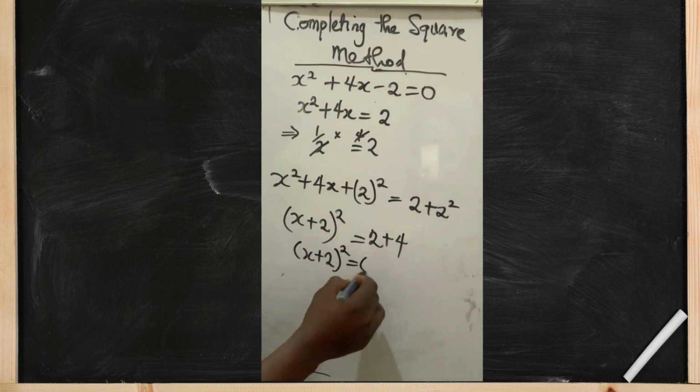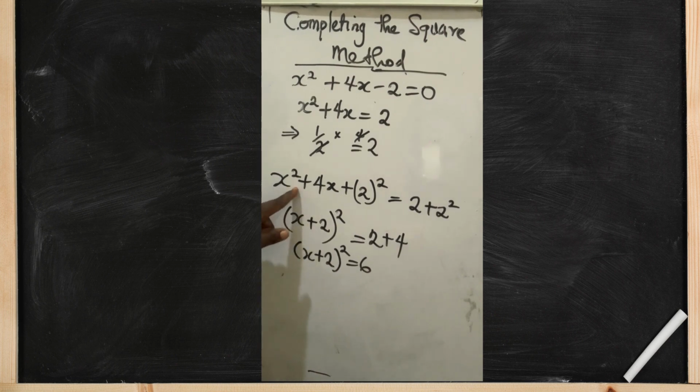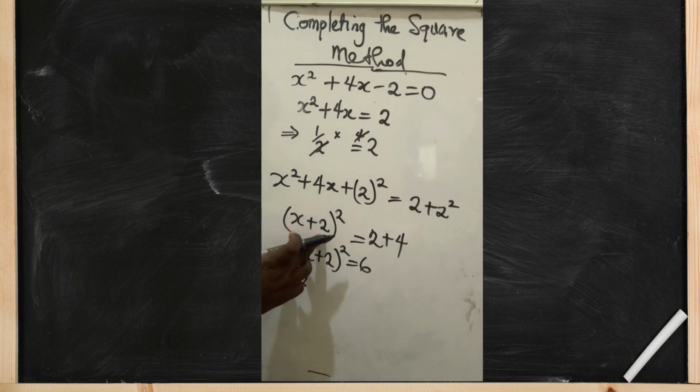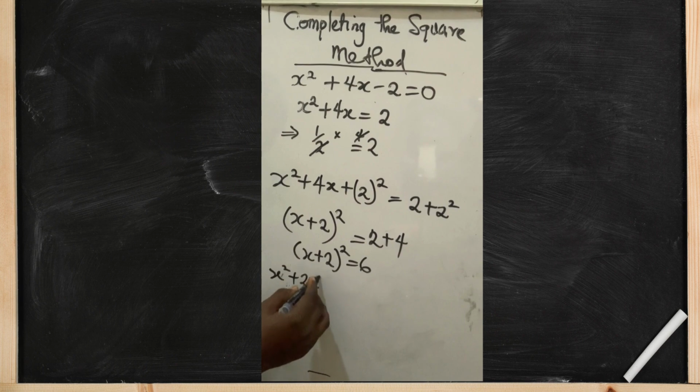square equals 6. Now, in order for us not to make it look difficult, if we apply the same rule I said the other time here, we will get this. The square of x is x squared. Then I said plus 2 multiplied by this, that's 2.